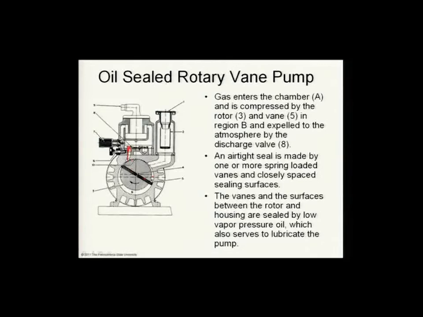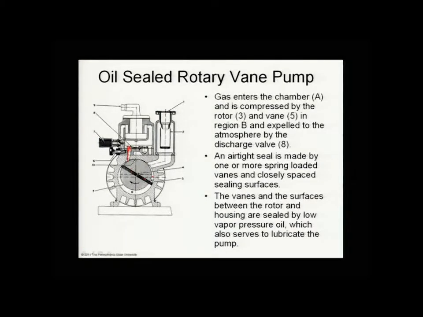So the molecules are actually captured and pushed around and expelled. As this goes by here, the molecules get trapped in here. This goes around and then pushes them out. And then meanwhile it's busy trapping some more. This comes around, pushes them around, and they're pushed down.